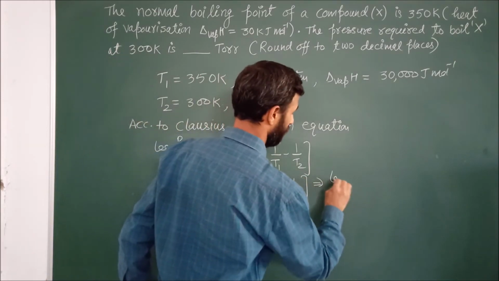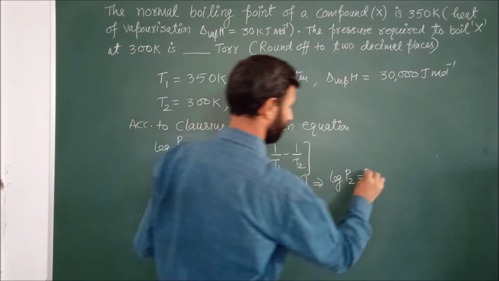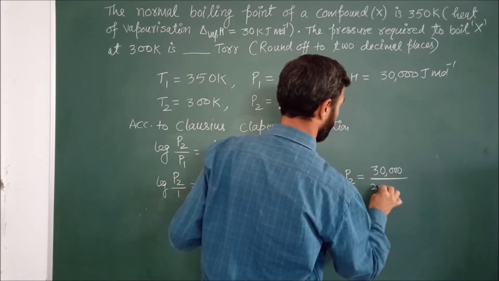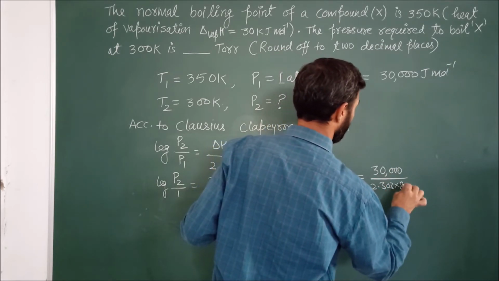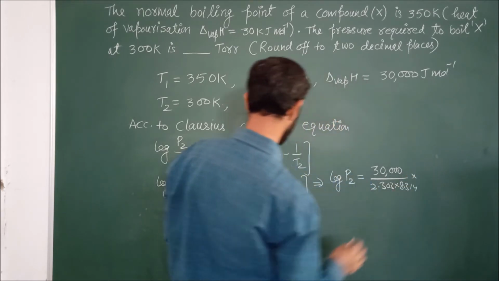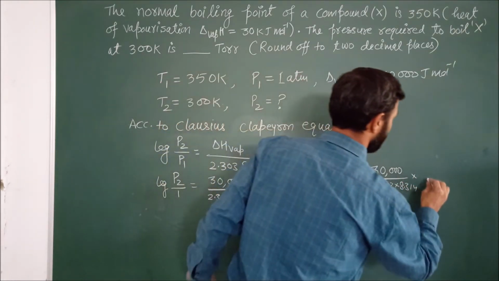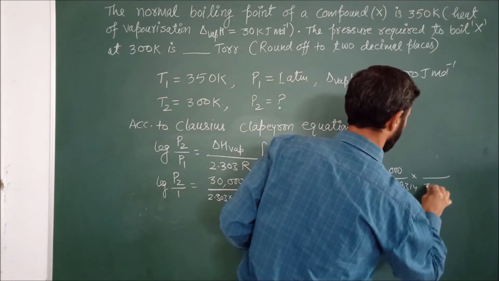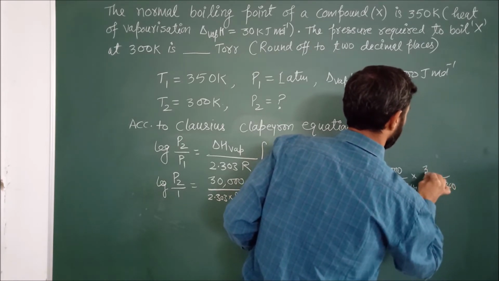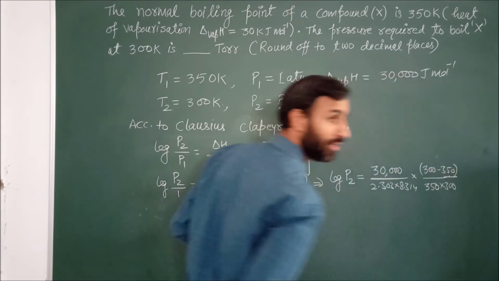That implies log of P2 is equal to 30,000 over 2.303 into 8.314 into (300 minus 350) over (350 into 300).